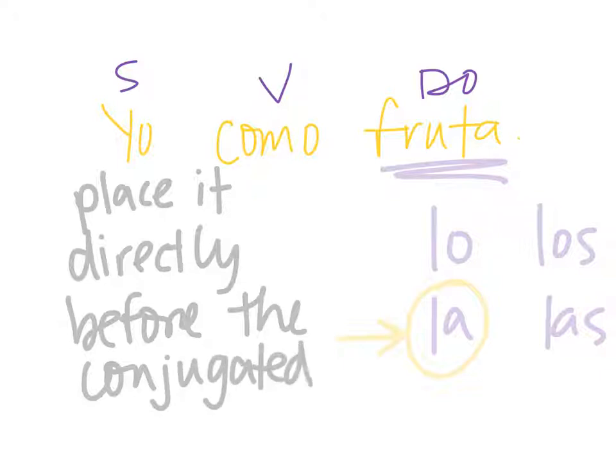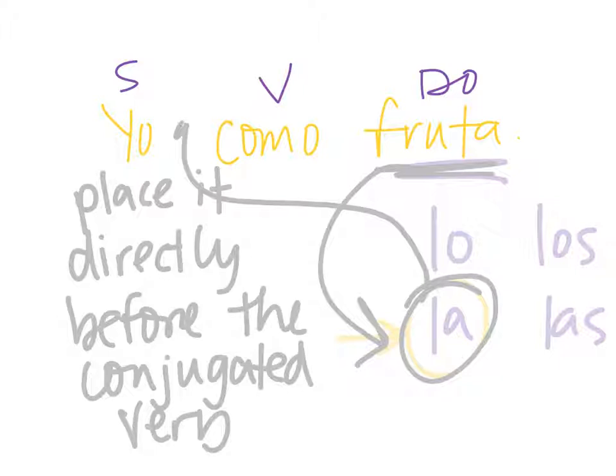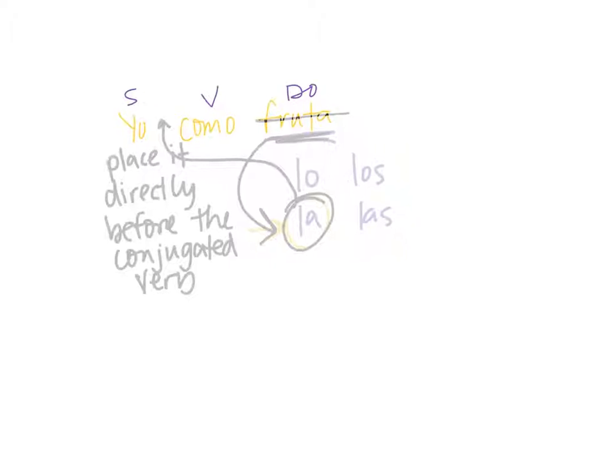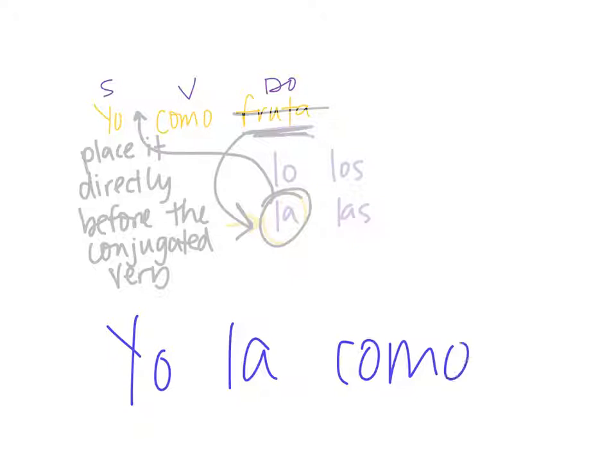So I make fruta into la, but then I take this la and I put it right before the conjugated verb, and then I would get rid of fruta. So my new sentence, where I made my direct object into a pronoun, would be yo la como.